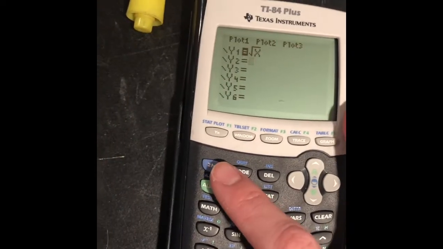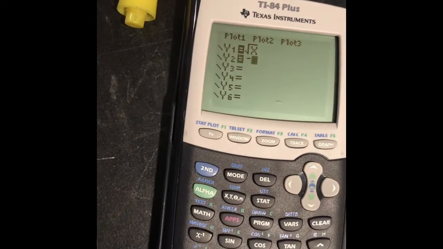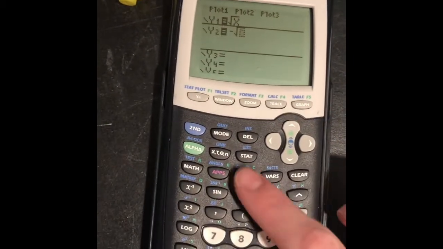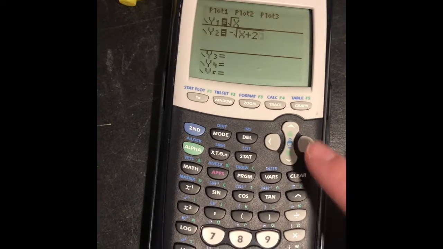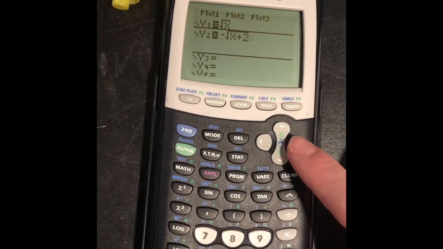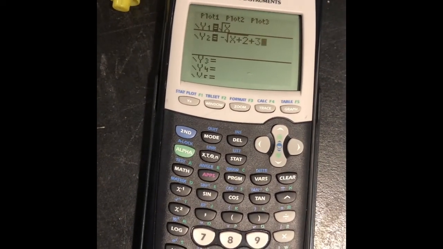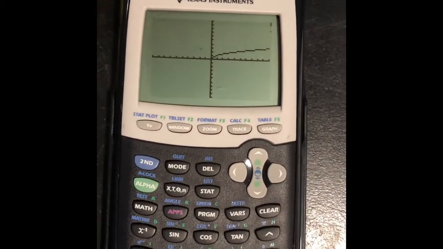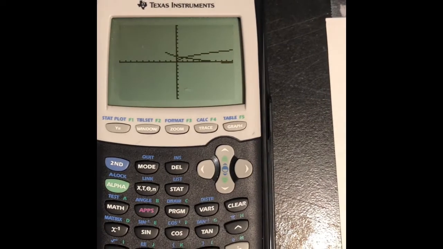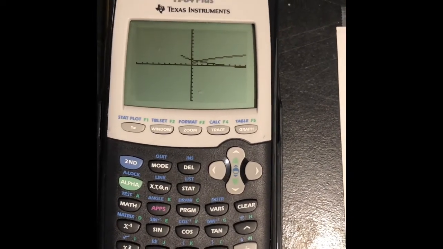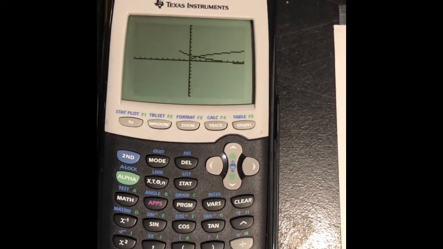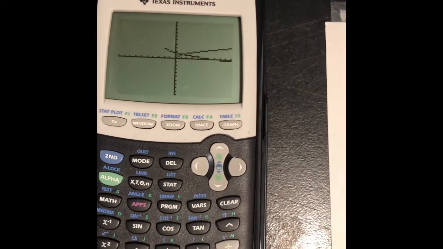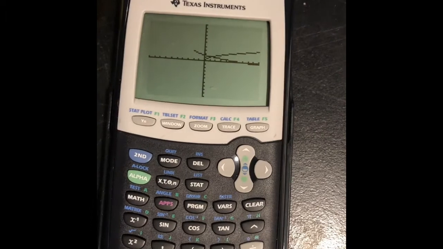Let's go equals negative, square root of x plus 2, and then plus 3. So our first one you see graphed is going to be our regular parent function, root x. And that is our second one that you see. Our second one that you saw was our negative root of x plus 2 and then plus 3.